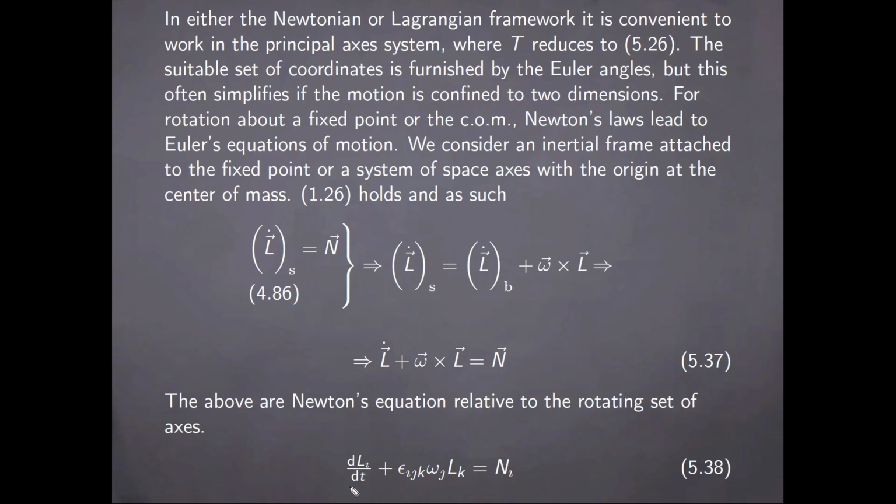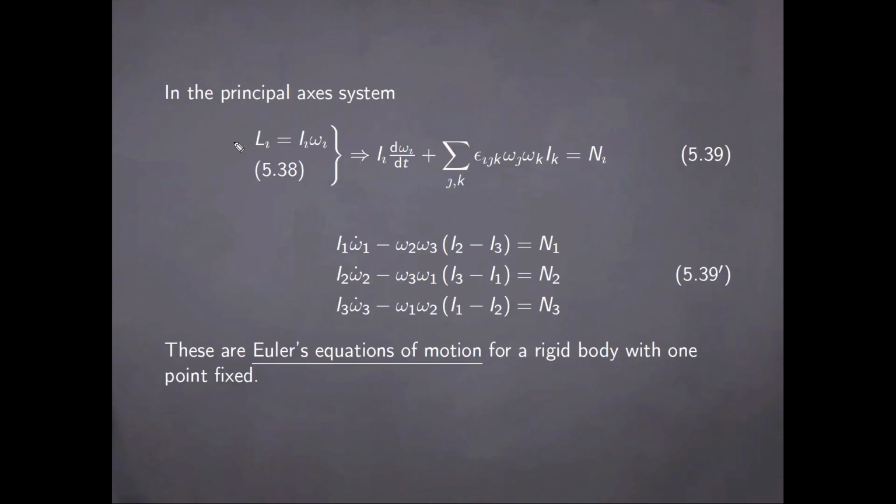And in component form, you would have 3 equations of this sort, where the summation is implicit only over the J and K indices. So in the principal axis system, the components of the angular momentum are given by a simple product between the corresponding diagonal component of the principal moment of inertia and the corresponding component of the angular velocity.